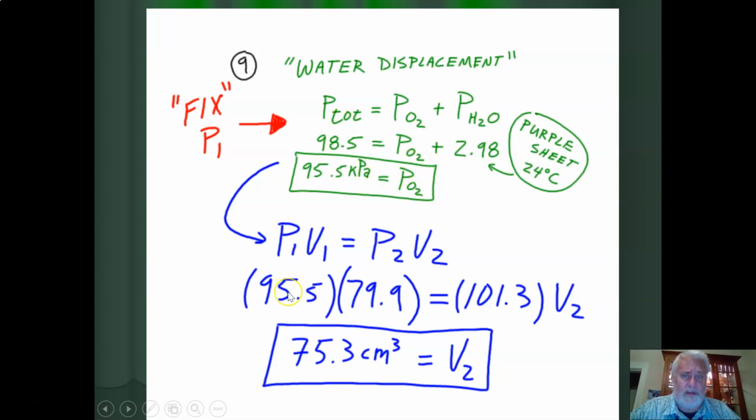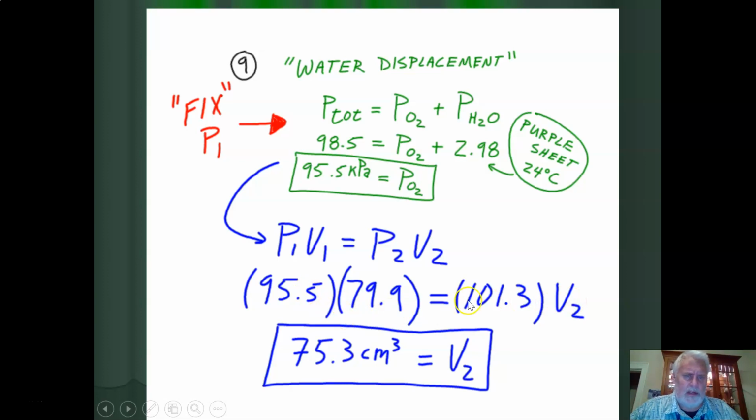P1 is going to be your corrected pressure, and you're going to have to apply this in lab, because that's how we're going to collect the butane gas over water. All we have to do is take the temperature of the water, do some calculations, and we can fix the pressure.